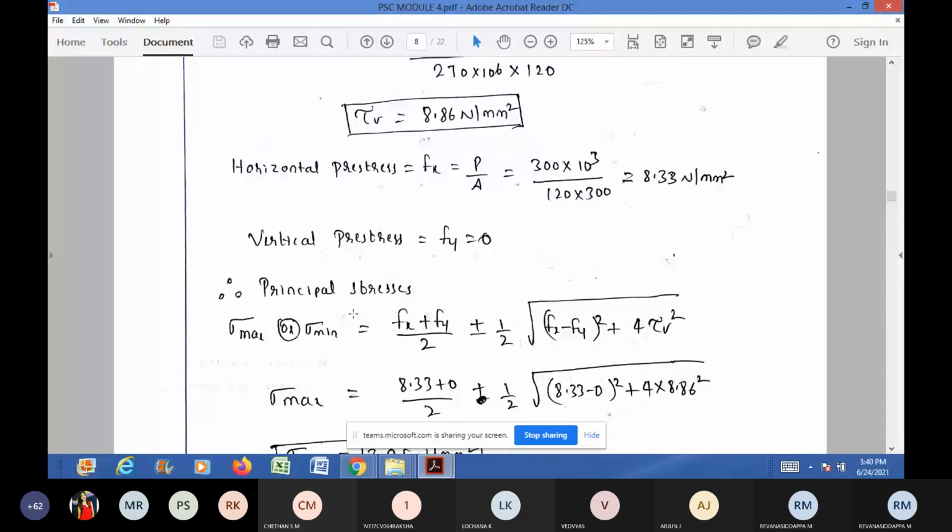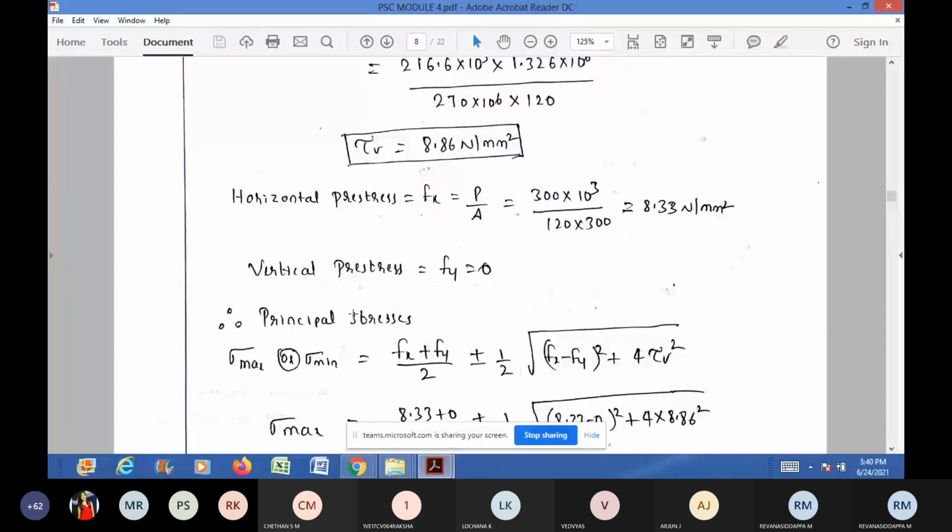They are calculated. You just substitute and get sigma max and sigma minimum. Tell me the answer, students. Sigma max you tell and sigma minimum also you tell. 13.95, sigma max.